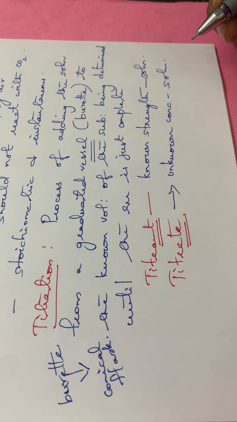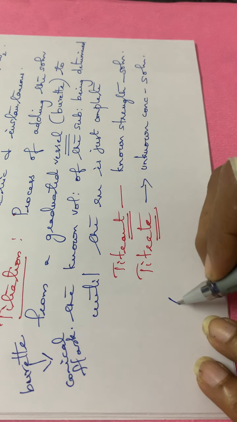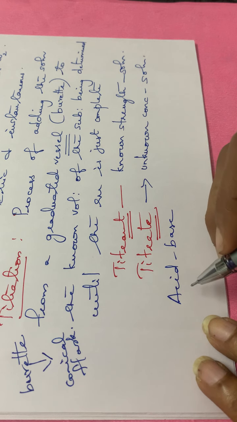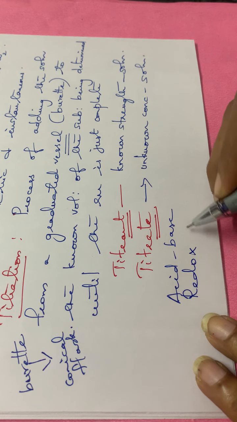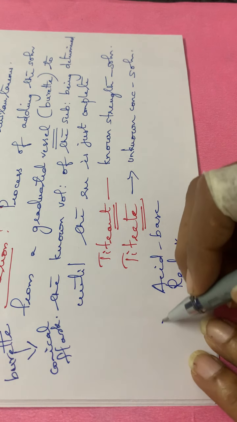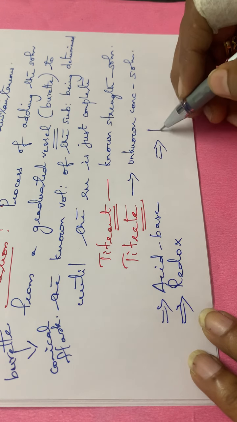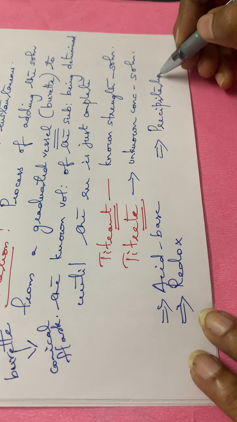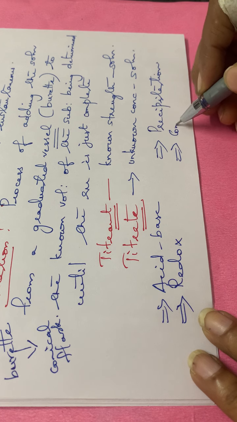Normally we are doing many titration reactions: acid-base titrations, then redox titrations, that means reduction oxidation titrations, then precipitation titrations, and complexometric titrations.